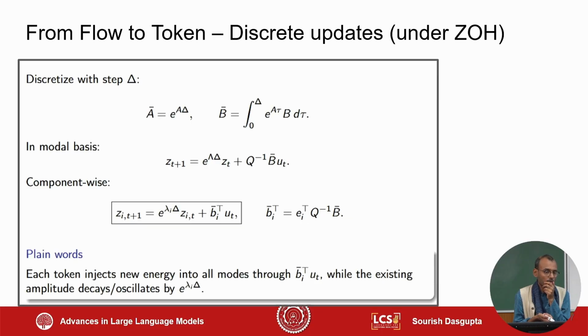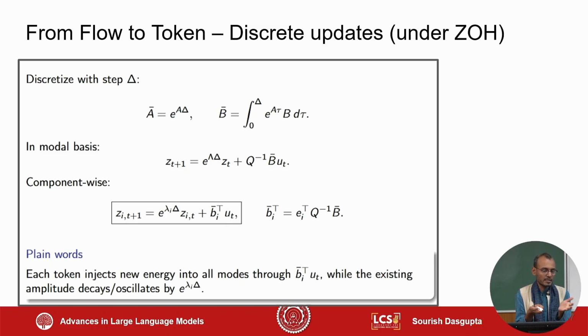Now what we got, from flow, is a token level discrete sampling, right? So we got discrete updates. If we again look at what happens at the modal level, because why did we want modal? Because instead of A, we love the Λ or the diagonal matrix more, because that is a cleaner way of understanding what really is going on, and easy to compute as well, because it's just a diagonal matrix. So if we write it from a diagonal matrix point of view, we have to go back to the changed basis or the z form.